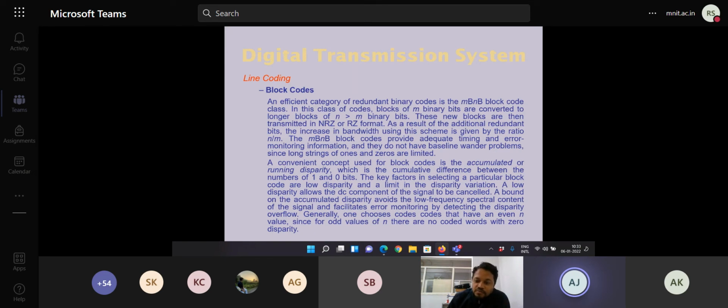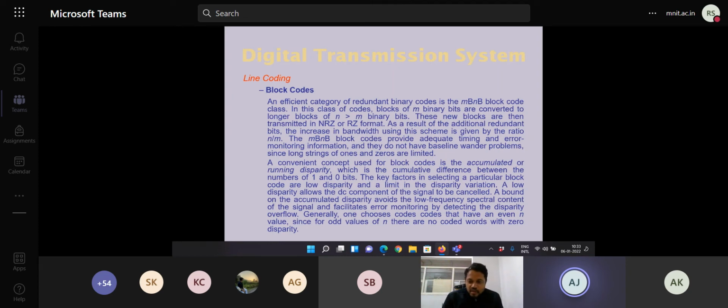I think you all must have read about parity bits and parity check. You have an odd parity and an even parity. If you're using even parity, then you count the number of ones.